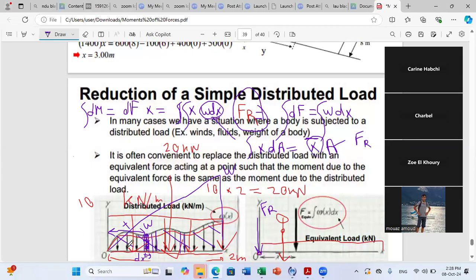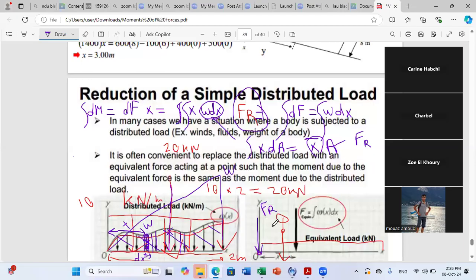And here, by symmetry for a rectangle, we directly said it should pass by the center. Why should it pass by the center? Because the centroid of the rectangle is at the middle. So if you want to reduce to a single force, this single force should pass by the middle of the rectangle.